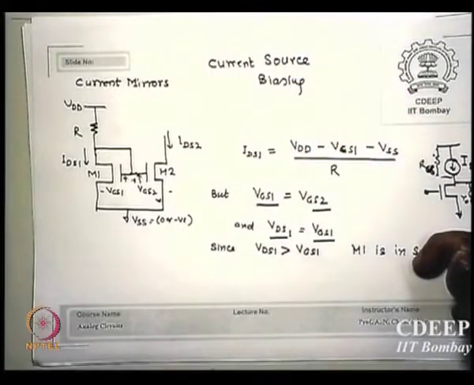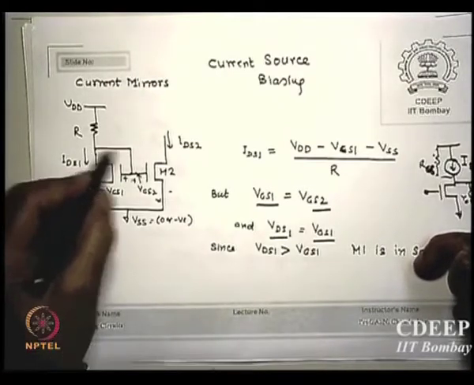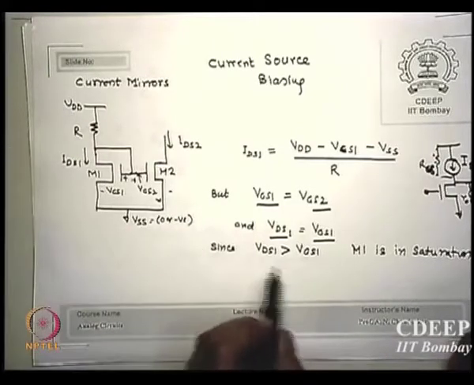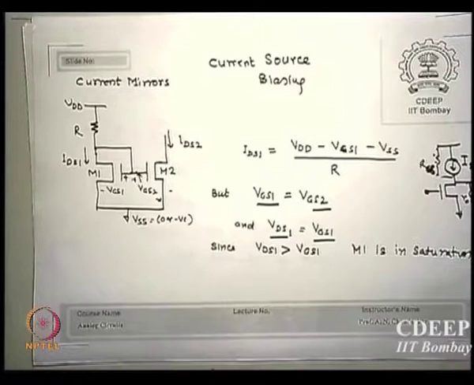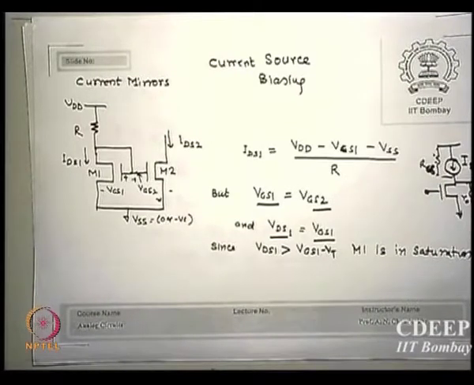I know only VDS1 equals VGS1 equals VGS2; this is guaranteed by me by connecting like this. Since VDS1 is now equal to VGS1, it is larger than VGS minus VT, so the transistor is in saturation. So your one worry all the time, whether the transistor is in saturation, is met. Is that clear? Transistor is in saturation.